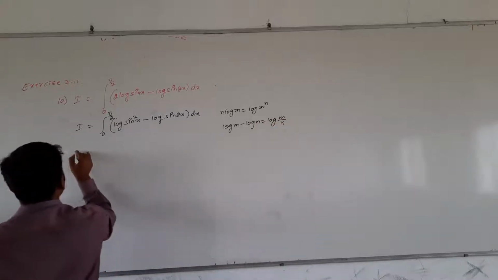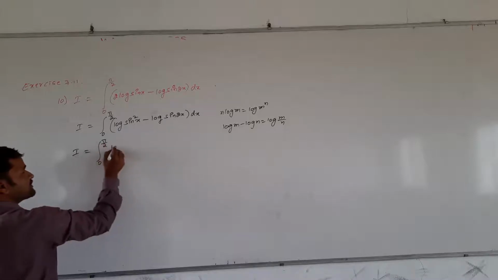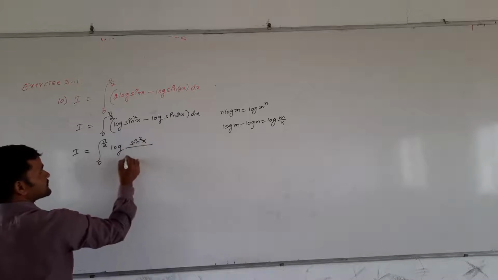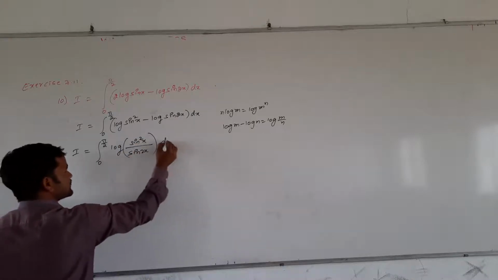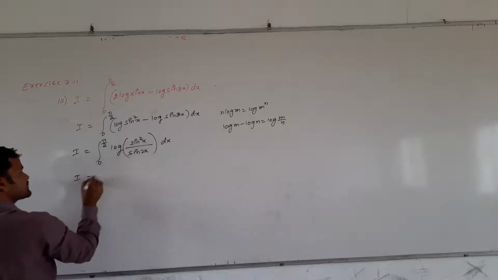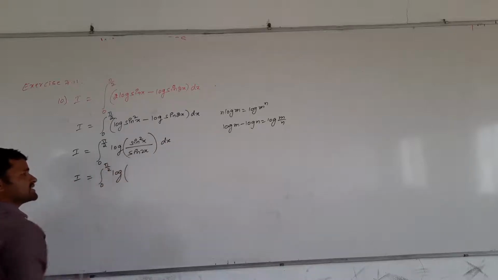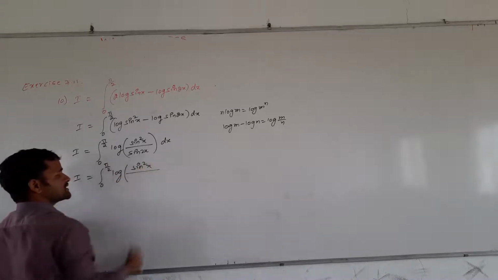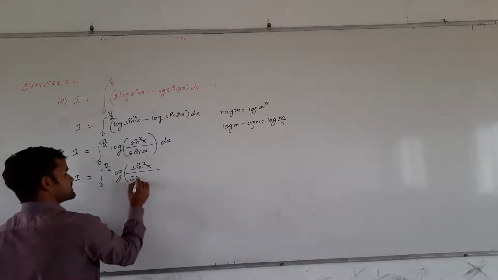Here I can write I is equal to the integral from 0 to pi by 2 of log of sin square x by sin 2x into dx. You write sin square x as it is, and sin 2x, we know the formula, is 2 sin x into cos x.